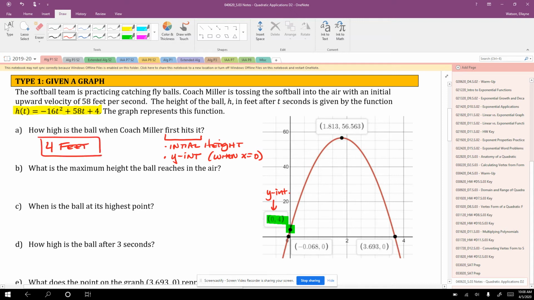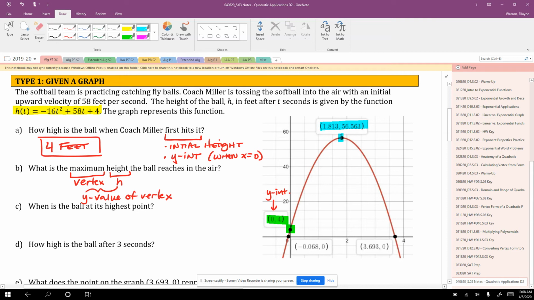Next question says, what is the maximum height the ball reaches in the air? Okay, so again, you're looking for keywords here. Anytime you see maximum or minimum, you should be thinking of the vertex. And if it's asking for height, then you're solving for h, or the y value. So we want the y value of the vertex. If we look at our graph, the vertex is going to be the highest point.